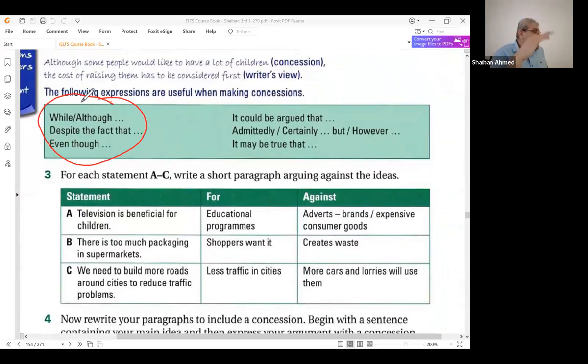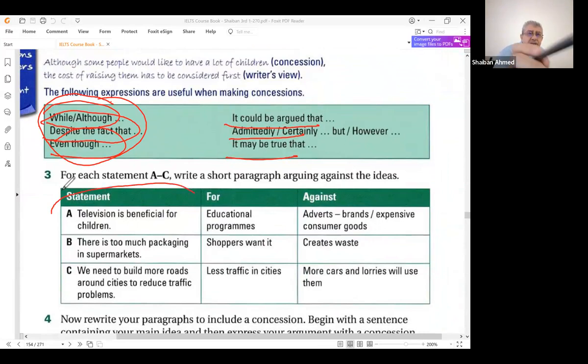So you have while, although, despite the fact, even though, it could be argued that, admittedly, certainly, it may be true.